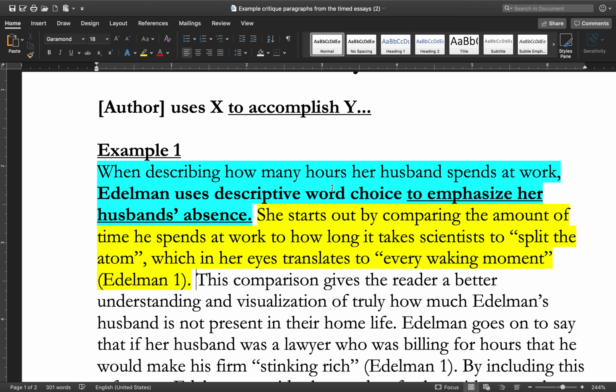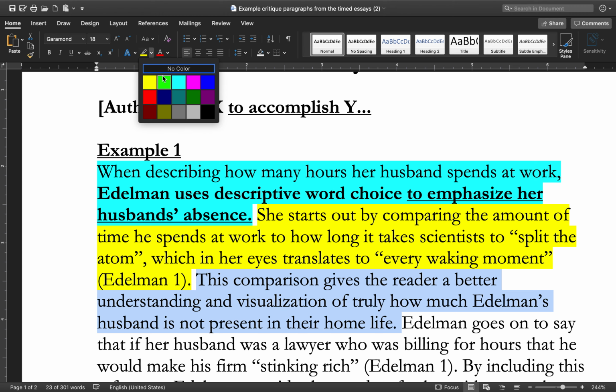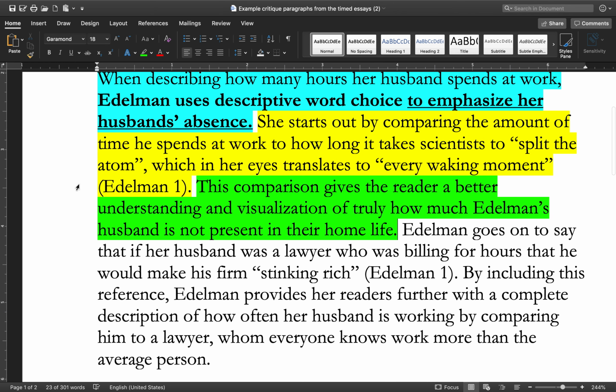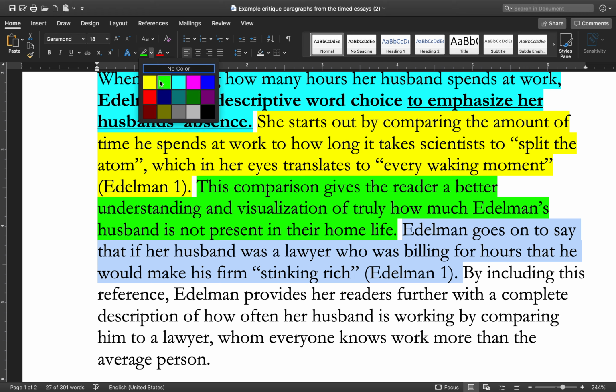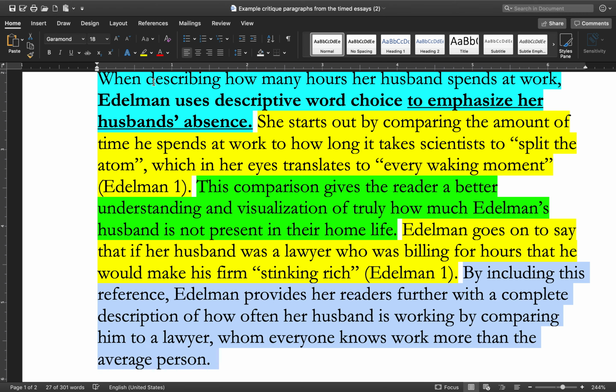The paragraph continues. This comparison gives the reader a better understanding and visualization of how much Edelman's husband is not present in their home life. So we have the explanation, right? Then the student gives another quotation and then more explanation.